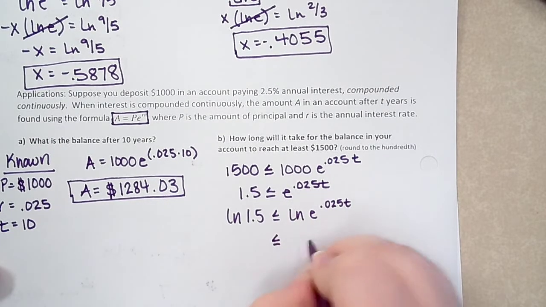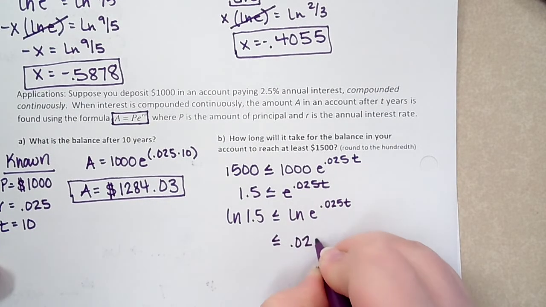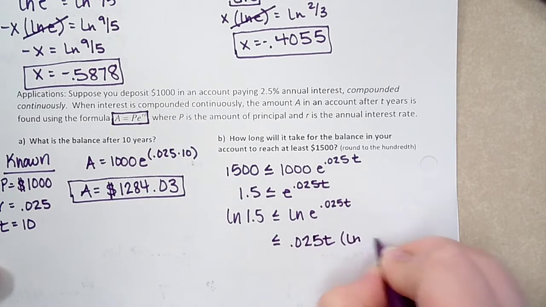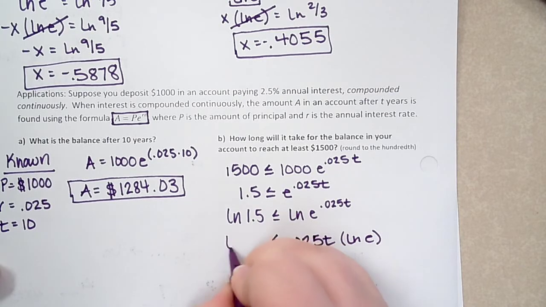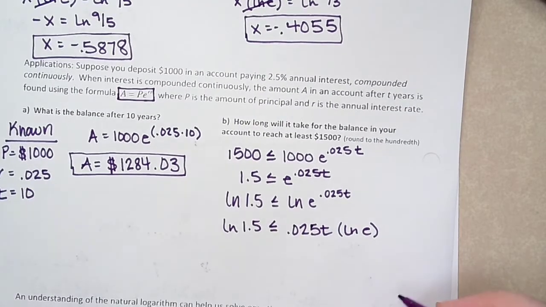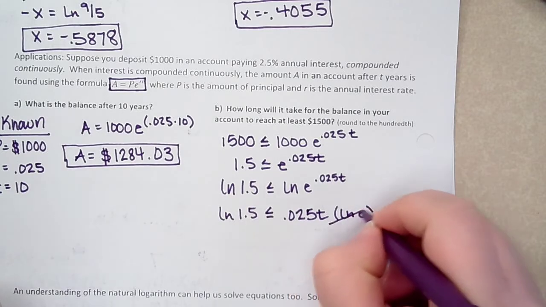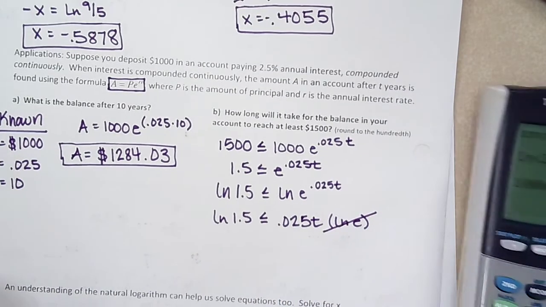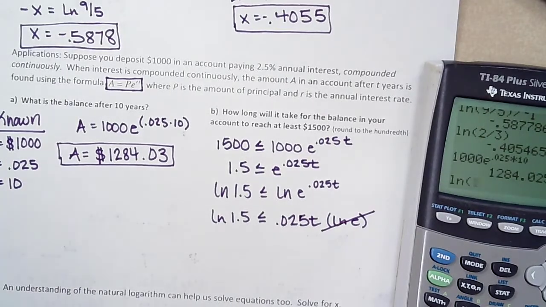So when I rewrite this, I'm going to say 0.025t outside of ln of e. The left side stays the same. We love it when we see ln of e because we can just cross it out there. And then we're just working with numbers. Now we are only working with ln of 1.5 divided by 0.025.